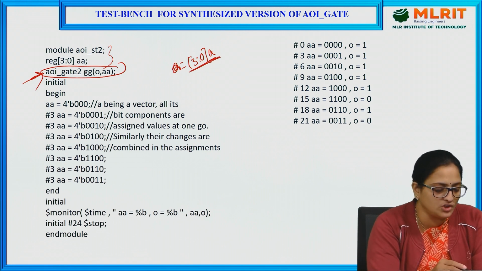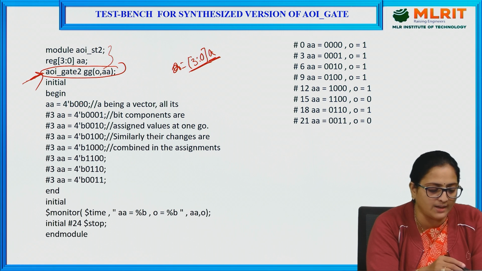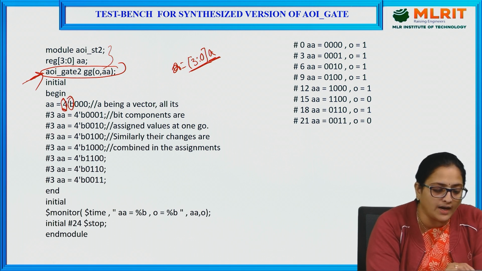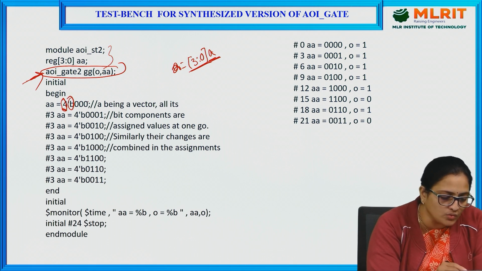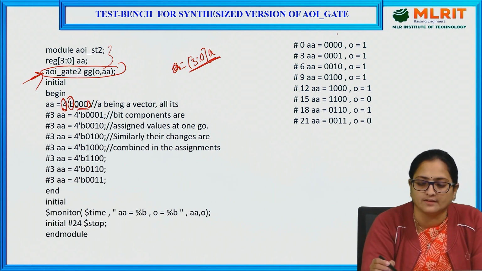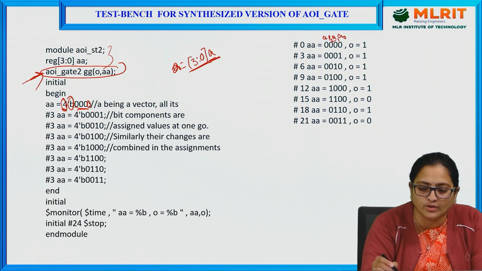So same initial, and between begin and end I am assigning some values. See here, 4 represents the 4-bit, b represents the binary value, and 0000 represents the actual number, that is A of 0, A of 1, A of 2, A of 3.